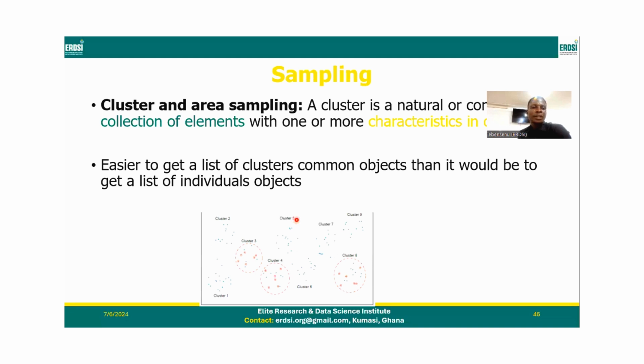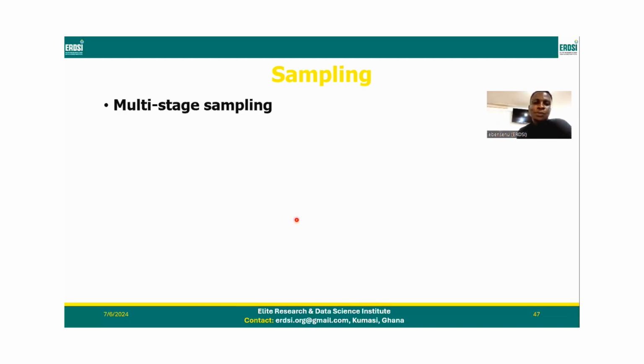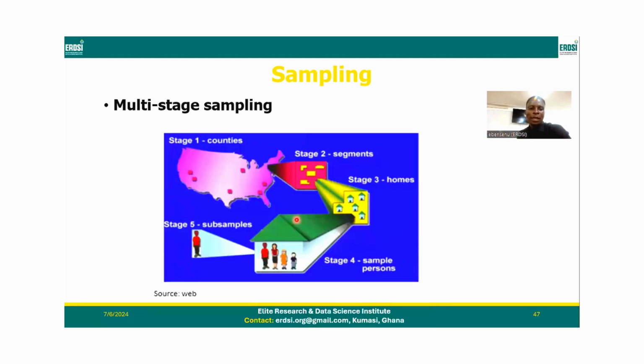So these are a lot of sampling techniques that we can use, but we can also do complex sampling. For example, we can do multi-stage sampling, where we first have levels. Say you want to do a study in Uganda and Ghana. First you take Uganda and Ghana, then in Ghana you adopt a simple random sampling technique.